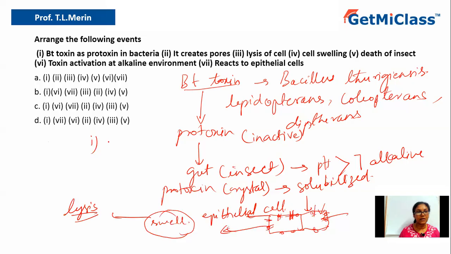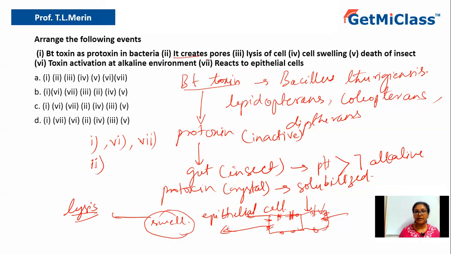So next will be 6, because the protoxin has to get activated. After activation, it reacts with the epithelial cells. So it goes and binds, right? And after binding, it will create pore. So then you will be having the second point.